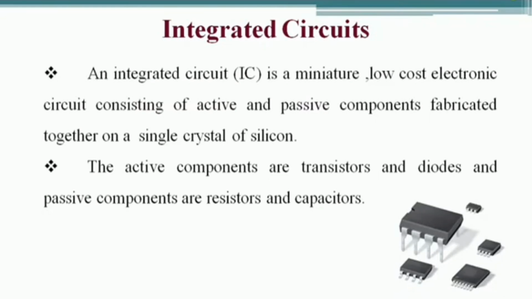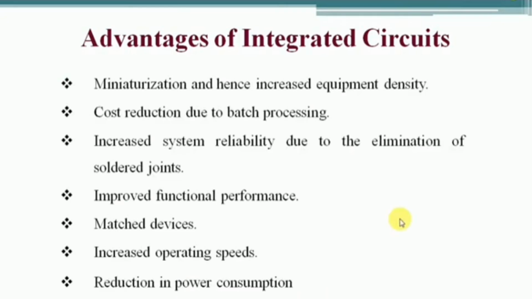Now we will see what are the advantages of an IC compared to the discrete components. Since the transistors and the passive elements are fabricated on the same plane, it is small in size. And also the cost is greatly reduced because of batch processing.